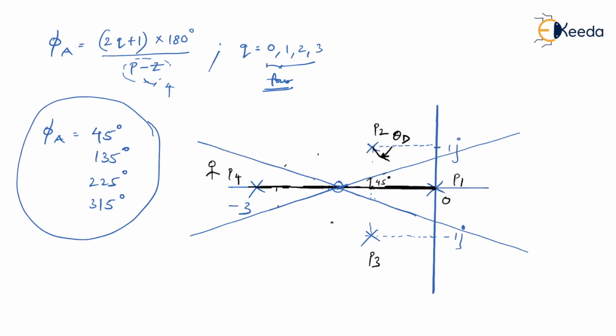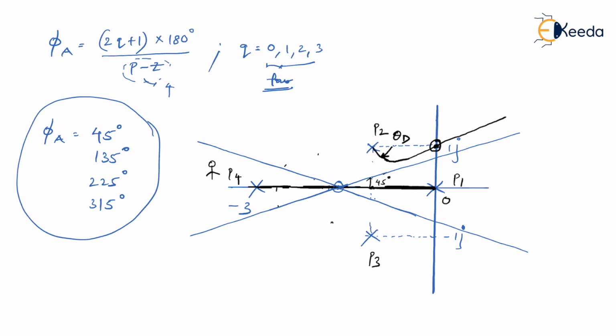As I said, my intention is not to calculate each and everything here, but just to give you the procedure and enough idea how the final product will look like, because at the end of competitive exams like GATE, you require a final product only. So please use your common sense and just try to follow this. Somewhere over here it is going to touch this j omega axis, then you require even the intersection point on j omega axis. So here you have to calculate theta d also, as well as the intersection point on j omega axis.